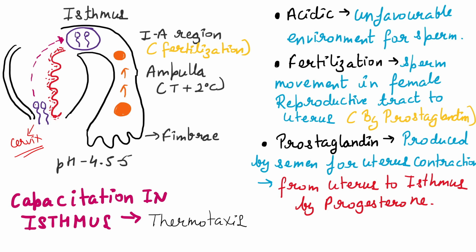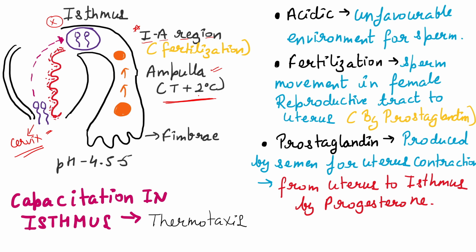Now starting from the cervix to the isthmus region, there is no activation of sperm. Sperms are not active until this. But in the IA region, after crossing this isthmus region, the sperms get activated, and in the IA region the fertilization occurs. In the ampulla region, there is a temperature difference.